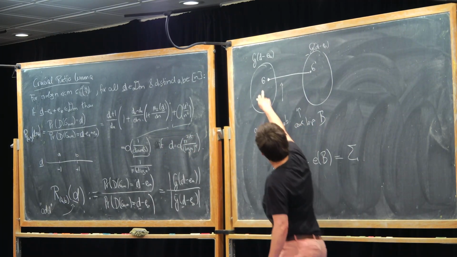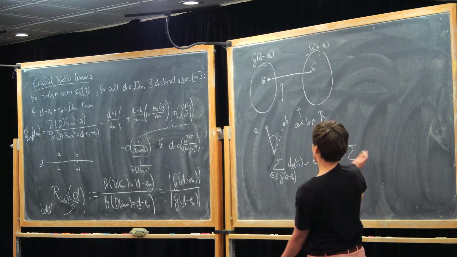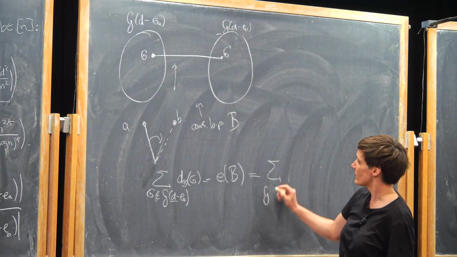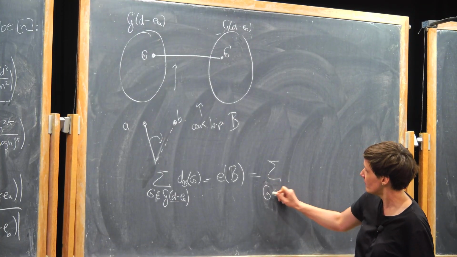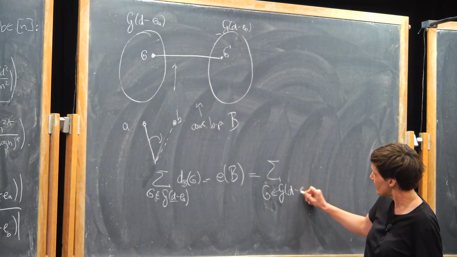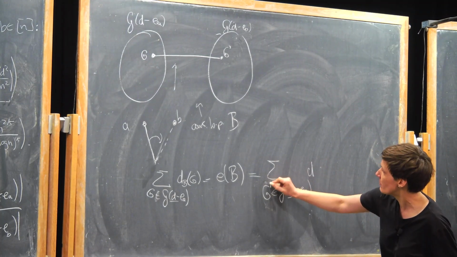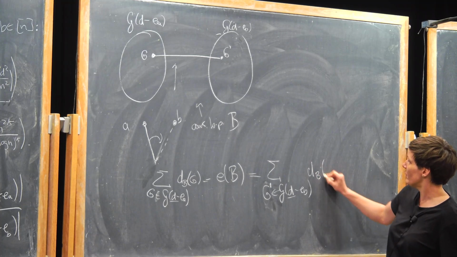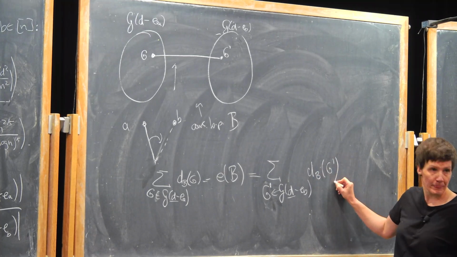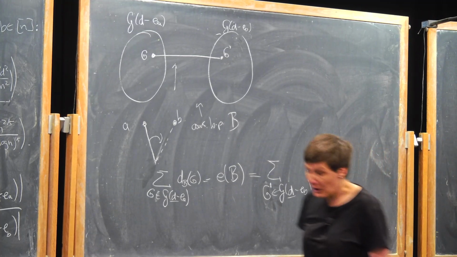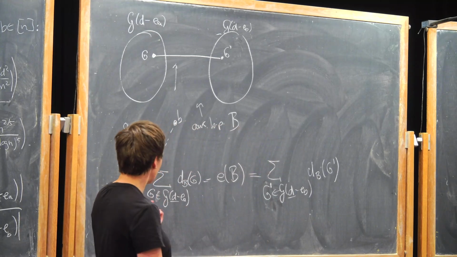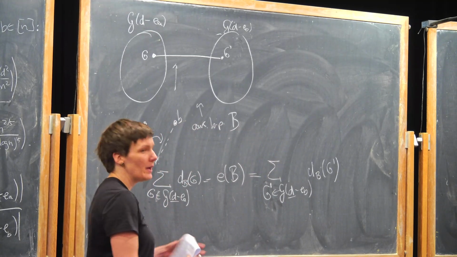And then, so that's counting the edges from this side, and then I just get exactly the same on the other side. So that's the sum over all G prime in G of D minus EB, the degree of G prime in B. And now, how would I know in how many ways I can do this edge flip?